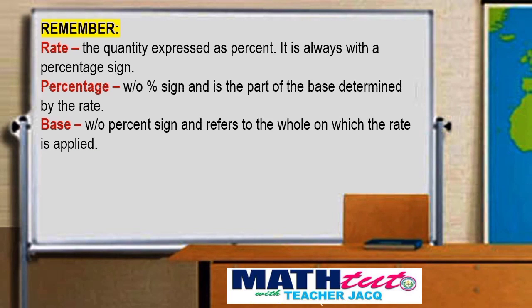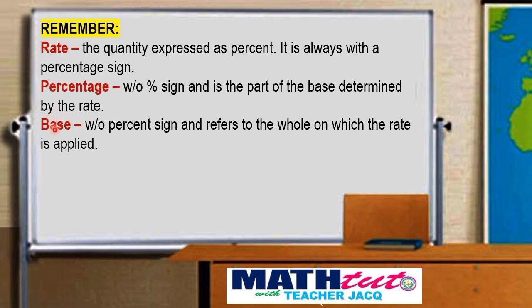Now, to sum up our discussion, let us always remember that the rate is the quantity expressed as percent. It is always with a percentage sign. And yung percentage without percent sign, it is the part of the base determined by the rate. Or ito yung portion nung total natin or ng ating base.